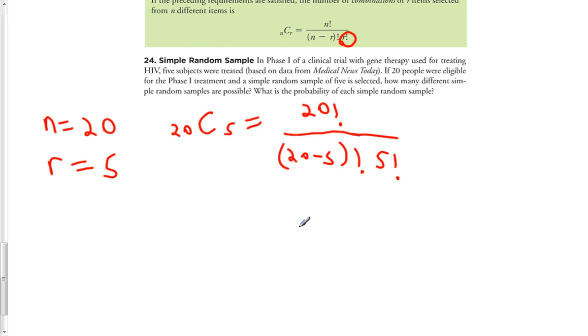All right, so let's see what this is equal to. It's 20 factorial divided by 15 factorial times 5 factorial.